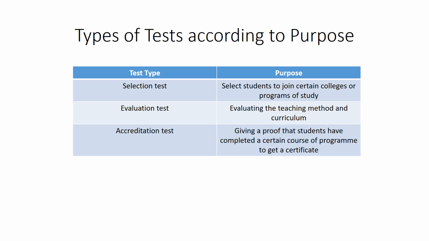Finally, we are going to talk about the accreditation test. Its aim is to give proof that a certain group of students have joined the course and passed it, and so they are going to get a certificate.